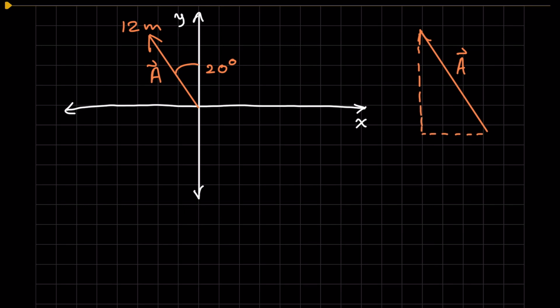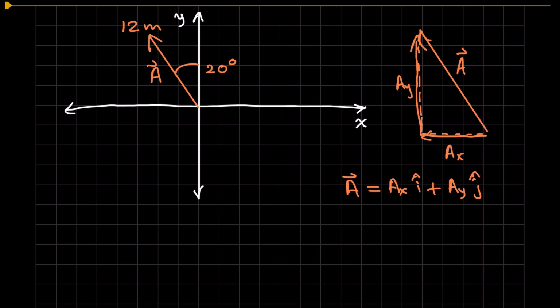Given this vector A, you can see that there are two components, an x component and a y component, that make up this vector. Imagine just adding this vector to this vector, then you get vector A. So it's made up of two components. You can write mathematically vector A is equal to ax i hat plus ay j hat.